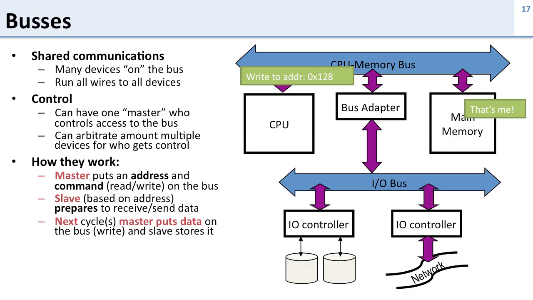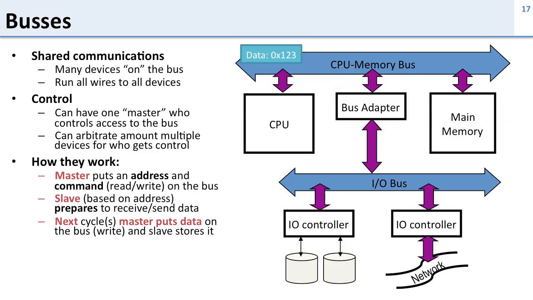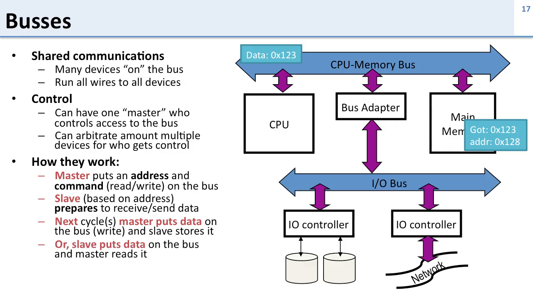In the next cycles, the master puts data onto the bus, and the slave will store it. So here the CPU can put some data on the bus, and the main memory knows that it's expected to write the data, so it gets the data and knows which address to write it to. If we're doing a read, it would be the other way around, where the CPU would wait for data from the main memory.